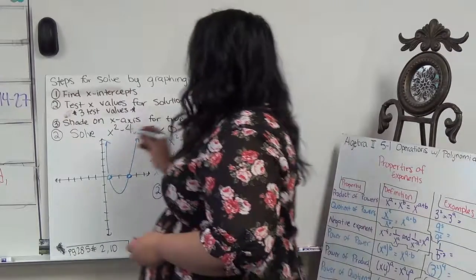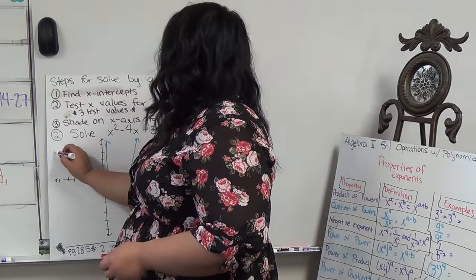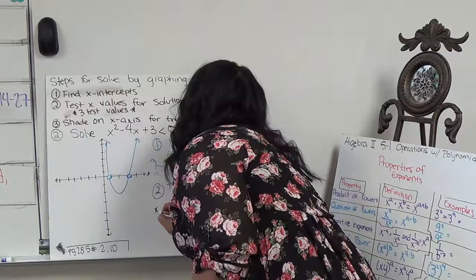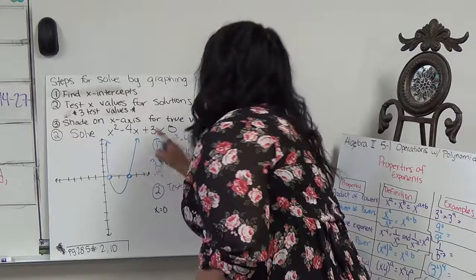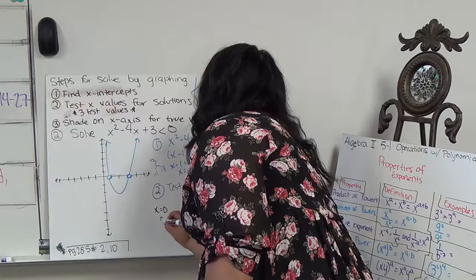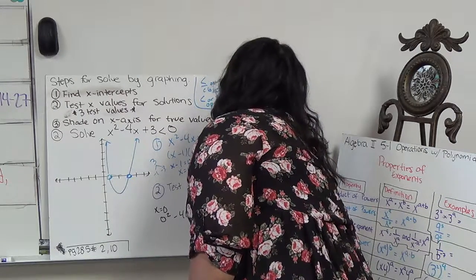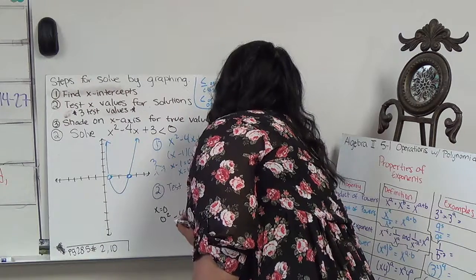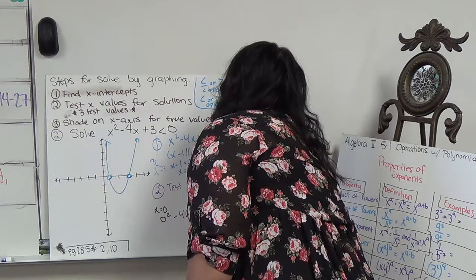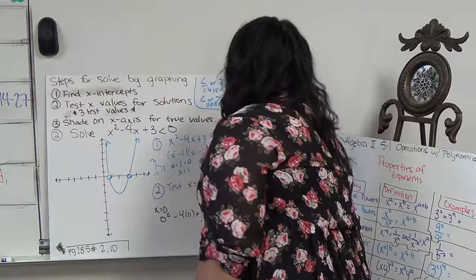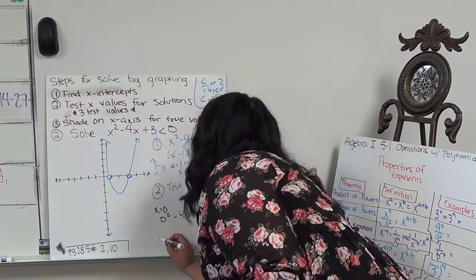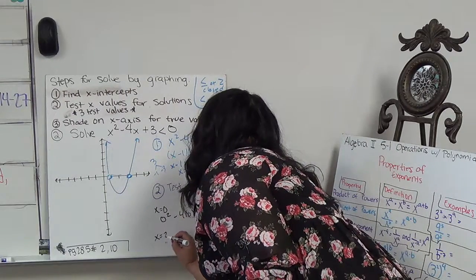So, let's try the first one. x equals 0. I'm going to do it for the original. So, 0 squared minus 4 times 0 plus 3 is less than 0. So 0 minus 0 plus 3 is less than 0. This is false. Okay, then I'm going to do x equals 2.